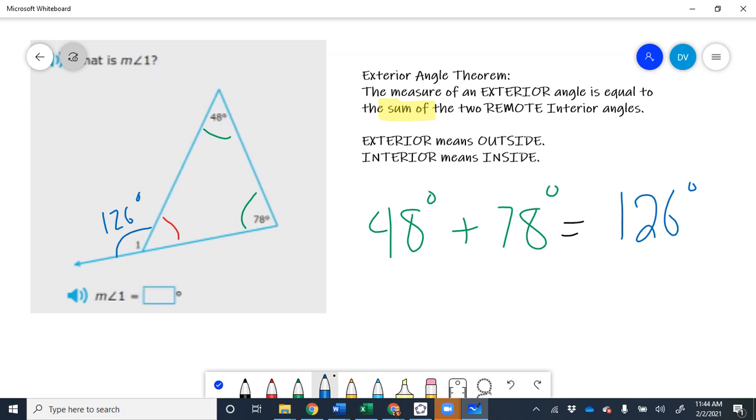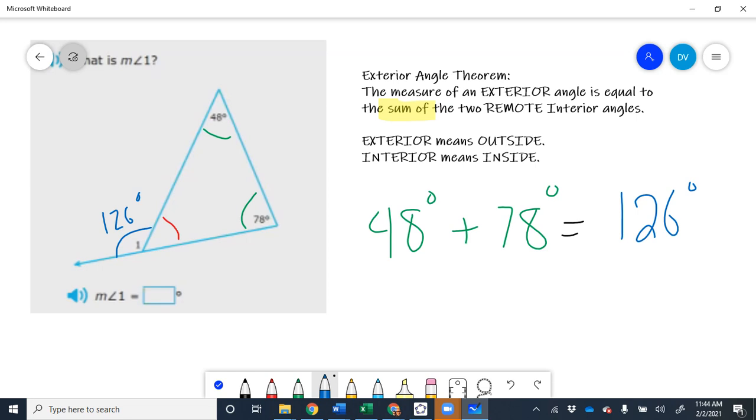But I want you to remember what that theorem says. That's why I wrote that note there. Anytime you need to find it, it's called exterior because it's on the outside of the triangle. Isn't that blue angle on the outside of the triangle? What word did we say means outside? I just wrote it down actually. Exterior.